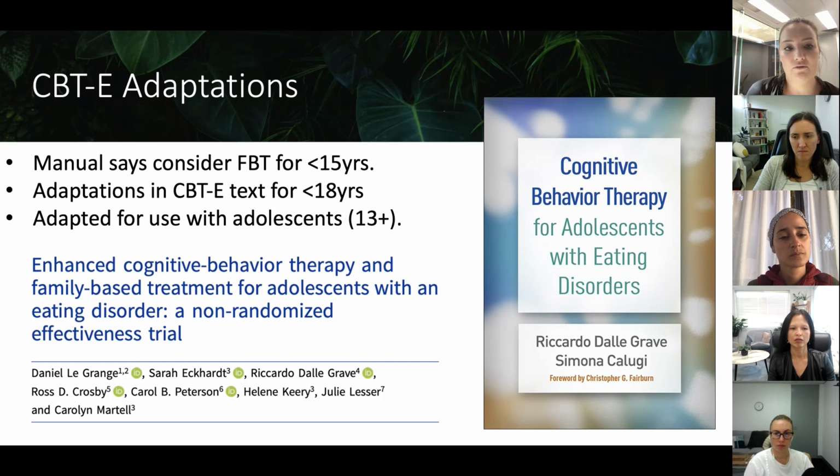And if we are treating somebody aged between 15 and 18 with CBT-E, which we don't really do at CFIH, there are adaptations in the manual for adolescent versions of CBT-E. I guess the biggest difference is that parents are more actively involved, and there are protocols around what time allocation should go to the patient, what should go to their parents, and clear expectations around what topics should and shouldn't be covered.